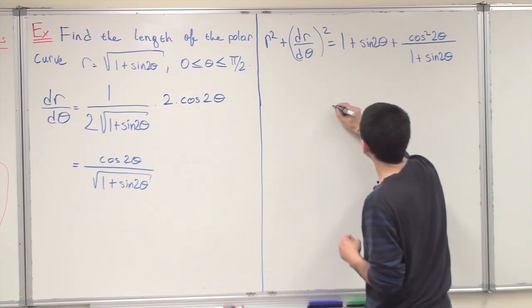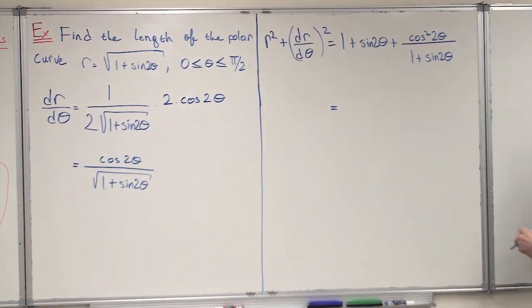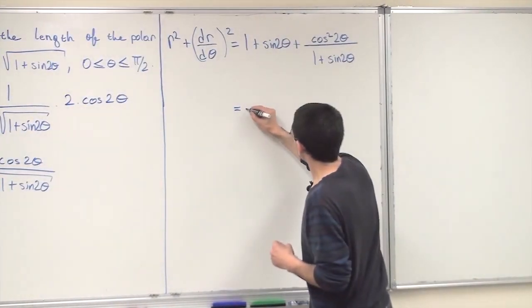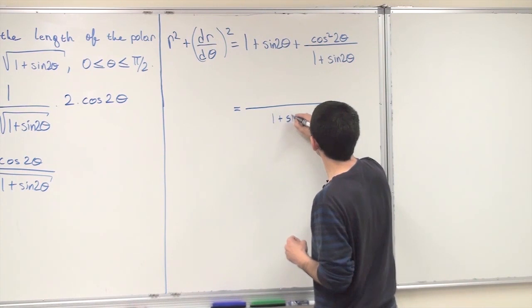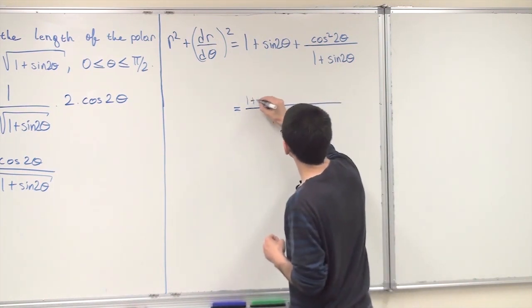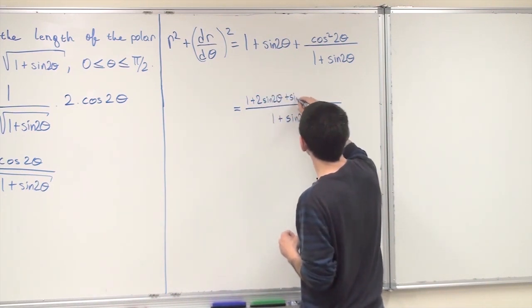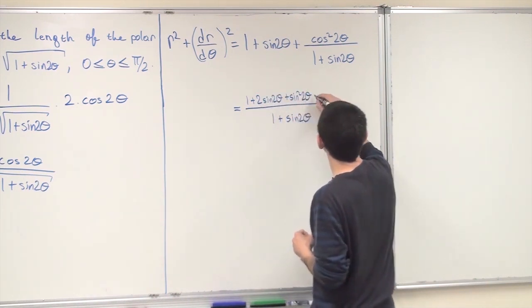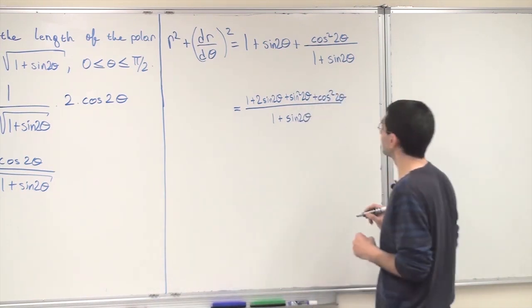Now we try to simplify this expression as much as we can. First we get the common denominator, 1 plus sine 2 theta. So we have 1 plus 2 sine 2 theta plus sine squared 2 theta plus cosine squared 2 theta.